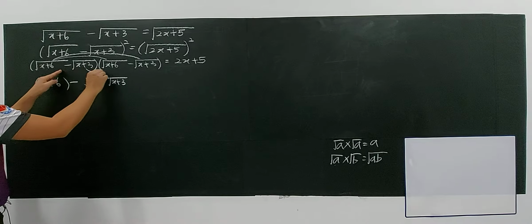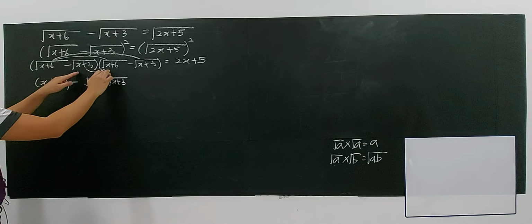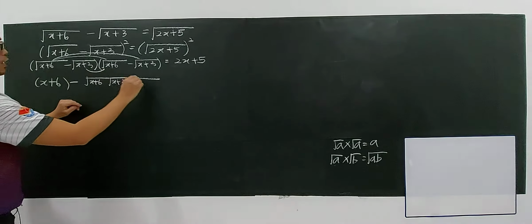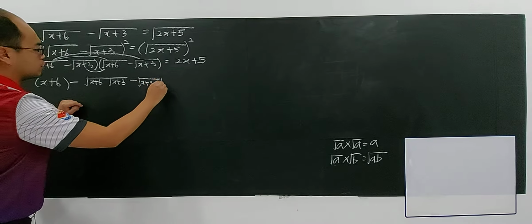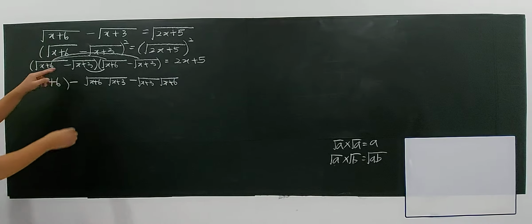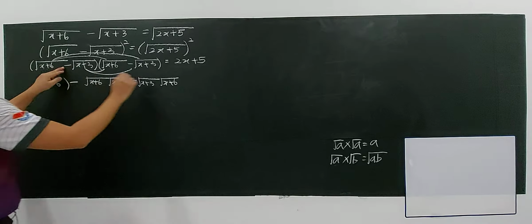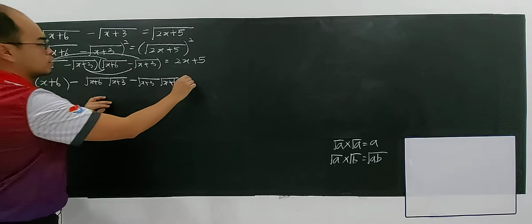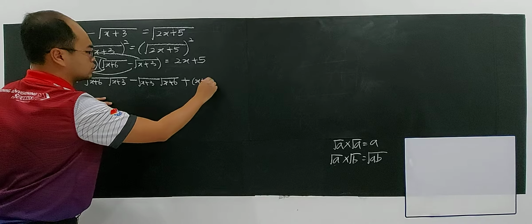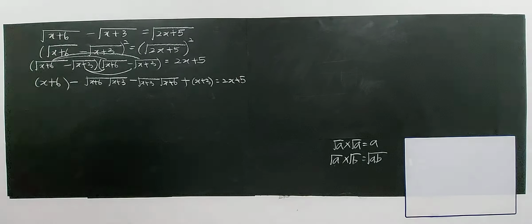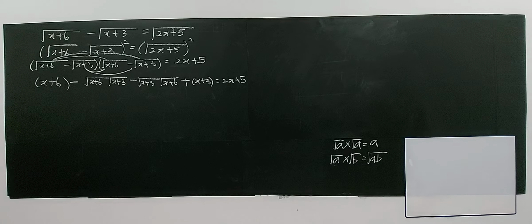And this one, you have negative, positive: you have negative the square root of x plus 3 multiplied with the square root of x plus 6, right? And lastly, you have negative, negative, positive. This is all a, so the square root of a times the square root of a gives you x plus 3, which equals 2x plus 5. You can pause the video and continue to solve the question.